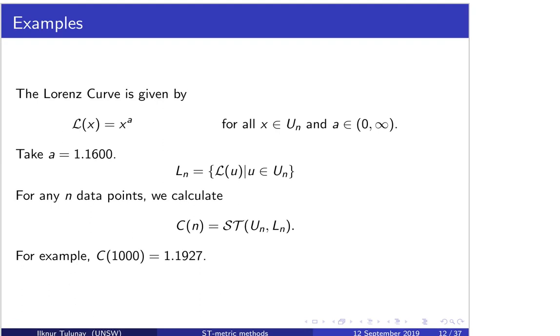With this view, for each n data points, we can calculate the ST metric for the uniform distribution to Lorentz or the normal. We will find a value. These kinds of values for each data size can be used as critical points or criteria to say that two strategies are too close together if the distance is equal or smaller than these values, if you're looking at 1,000 data points or more.